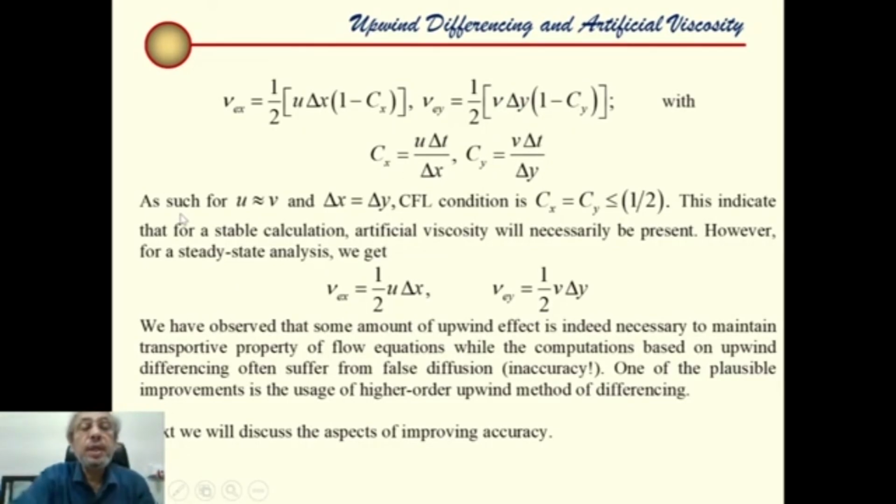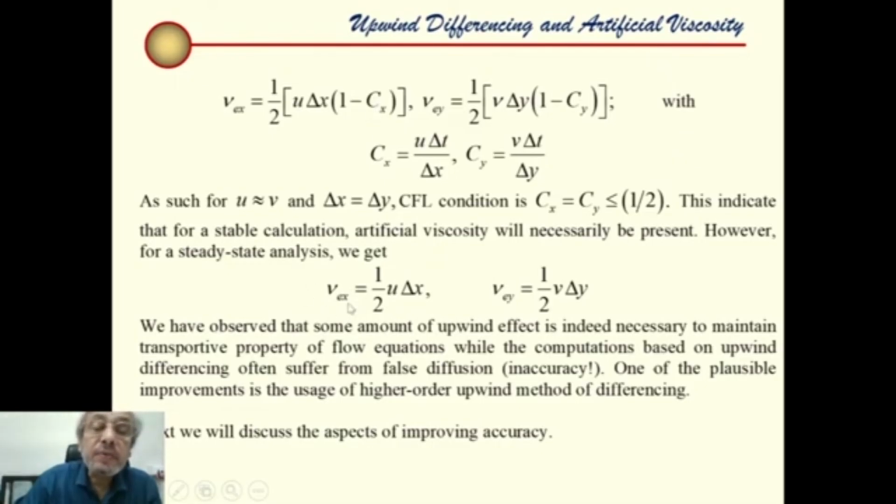Now if u equal to v and delta x equal to delta y, then the CFL condition gives Cx equal to Cy equal to C, and both are less than half. This indicates that for a stable calculation, artificial viscosity will necessarily be present, and for a steady state analysis, again the Courant number will not be there.